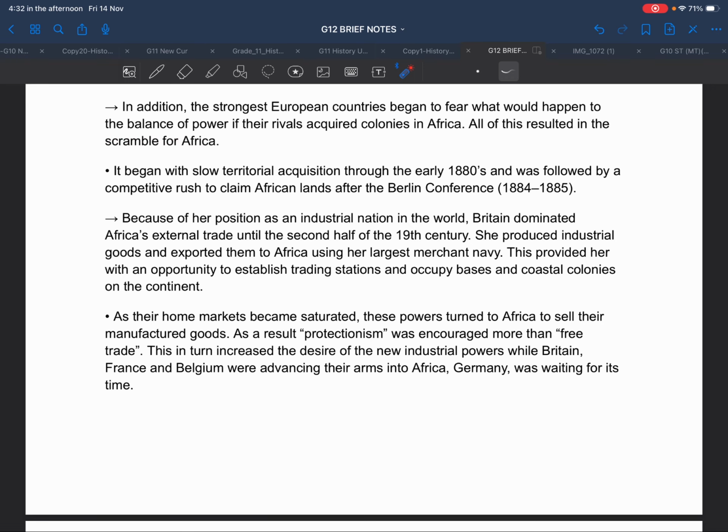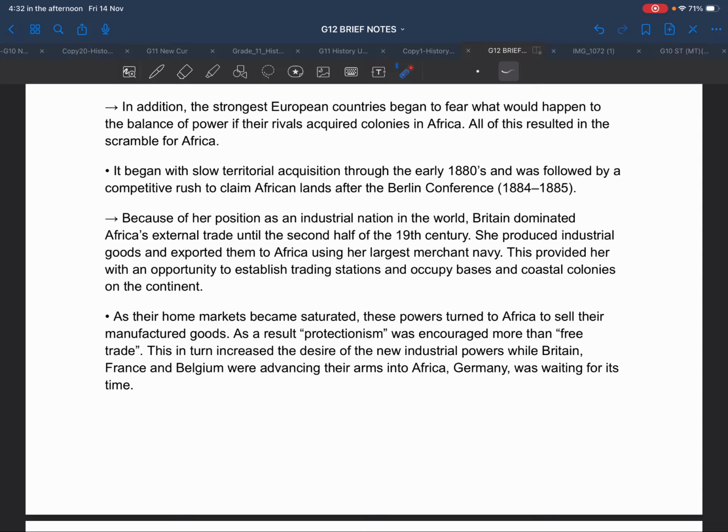Their zeal, their interest to acquire colonies in Africa: except Austria and Russia, the remaining 7 European countries came to Africa. They became competing rival colonial powers. So there was a problem, and that problem was competition.